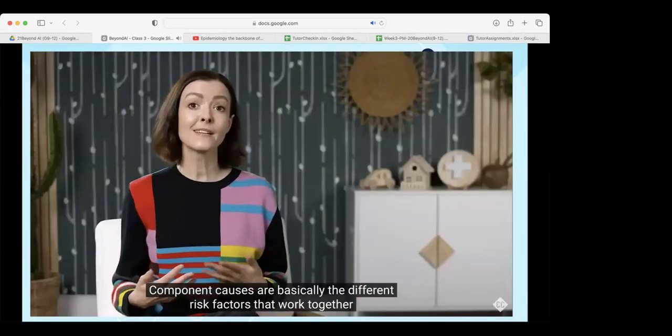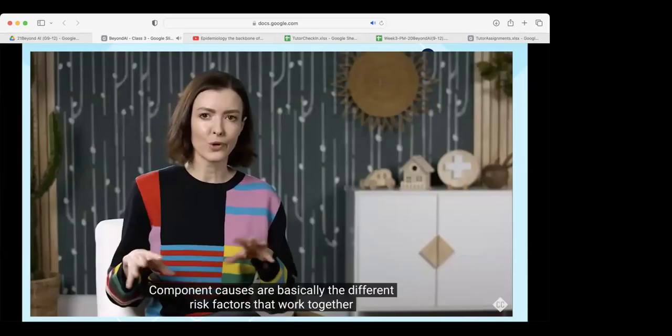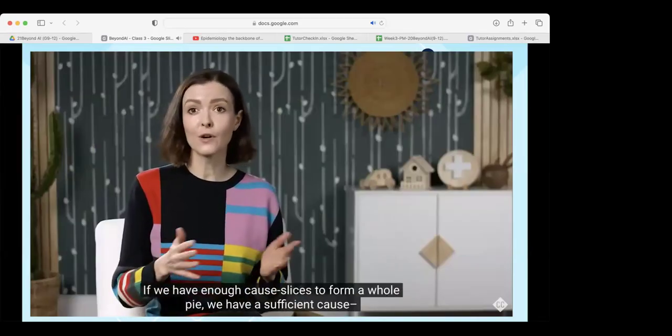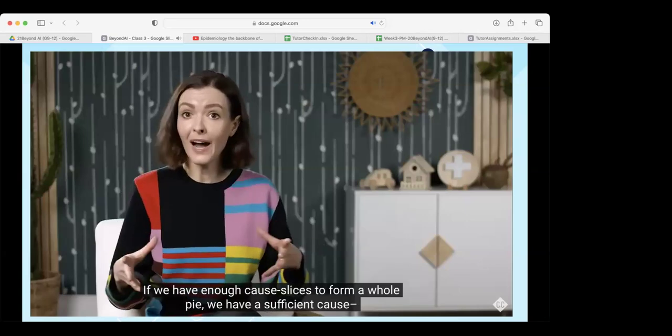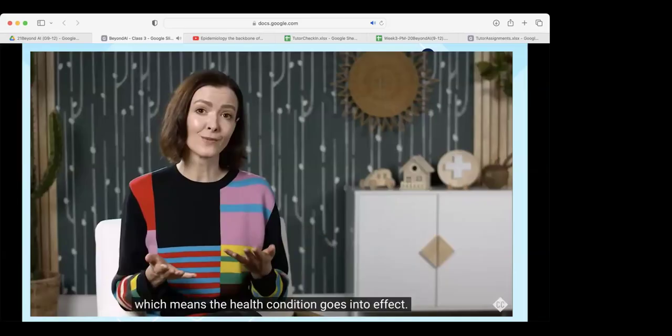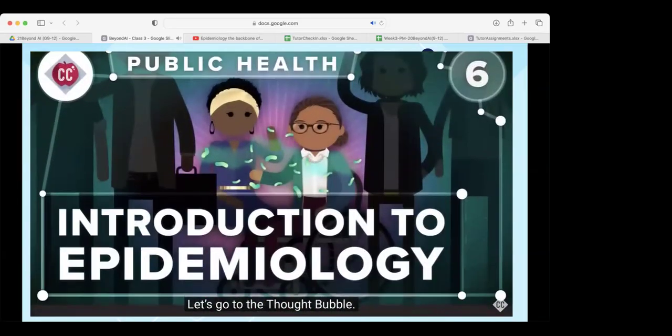Component causes are basically the different risk factors that work together to produce a certain health effect. If we have enough cause slices to form a whole pie, we have a sufficient cause, which means the health condition goes into effect. Let's go to the thought bubble.